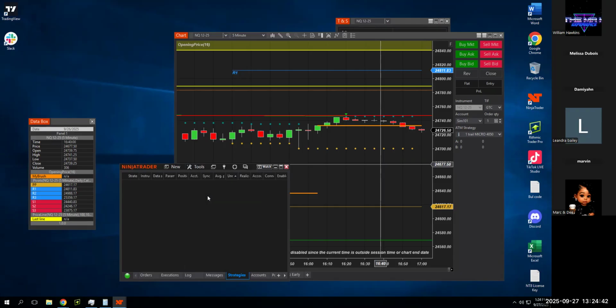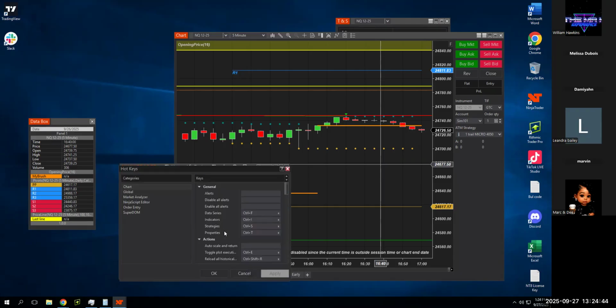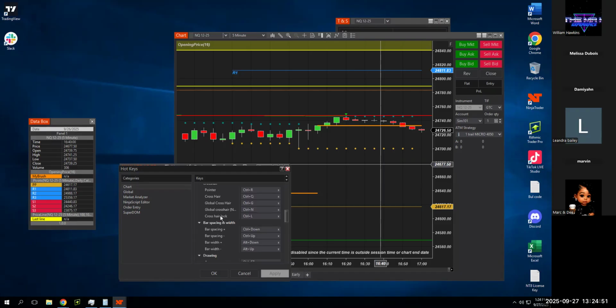Yeah, hotkeys is under tools, and you can program anything you want, text, circles, whatever you want to put on there, crosshair, pointers. They already have a lot programmed, so you could use what's already there as well. Buy and sell, right. Yeah, they got buy and sell hotkeys too. They make you real fast too. You like control this, control that, control C, control V.